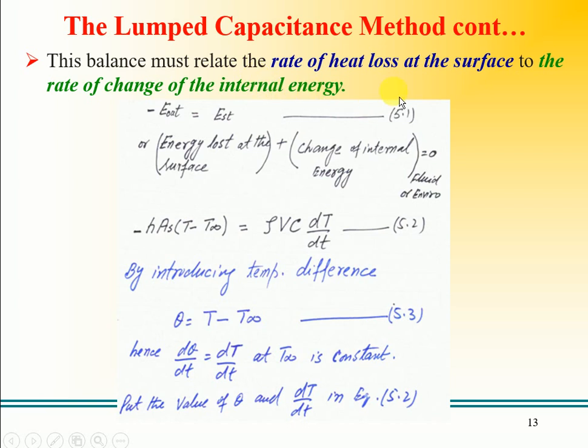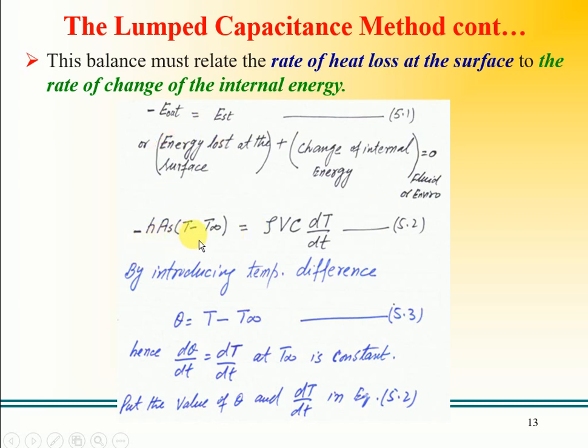The balance must relate the rate of heat loss at the surface to the rate of change of internal energy. What is the heat transfer from the surface of the solid, and what is the rate of internal energy change? So minus E out, because energy is going out, minus E_st, energy stored or internal energy, or energy lost at the surface, plus change of internal energy is equal to 0.